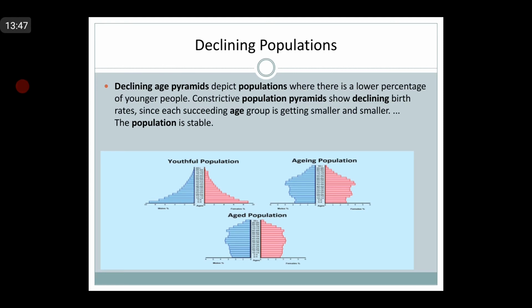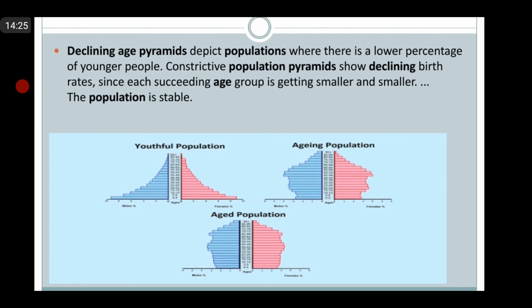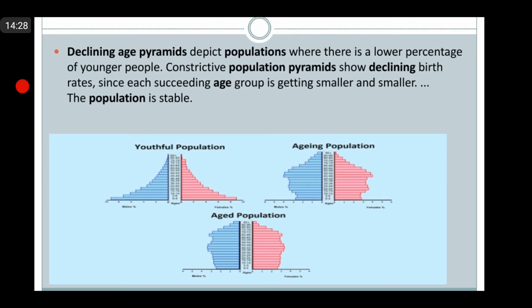I must tell you something about this, that the Japan population pyramid has a narrow base and a tapered top showing low birth and death rates. The population growth in developed countries is usually zero or negative, isn't it? So declining age pyramids depict populations where there is a lower percentage of younger people. They show declining birth rates, and since each succeeding age group is getting smaller and smaller, the population is stable.